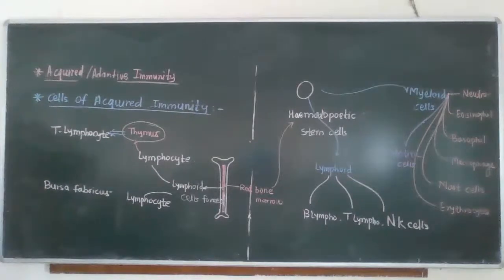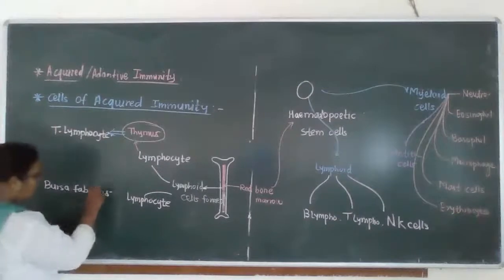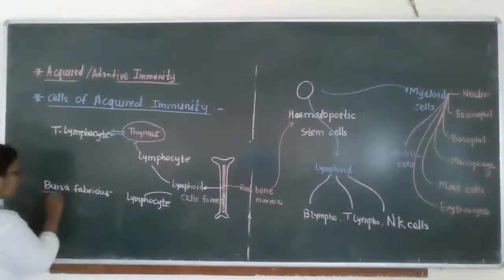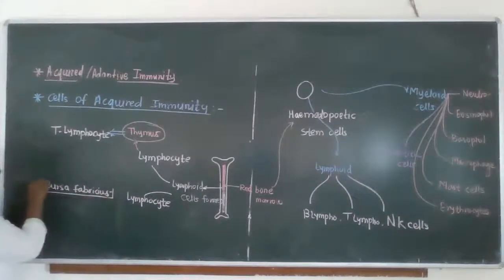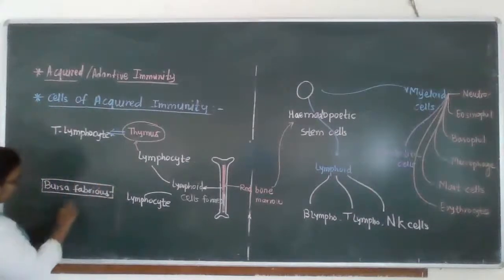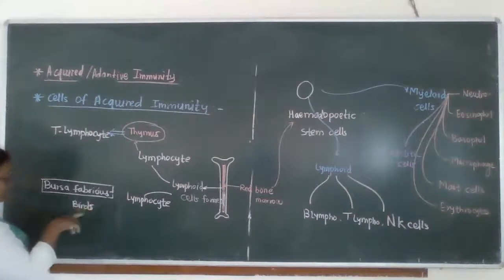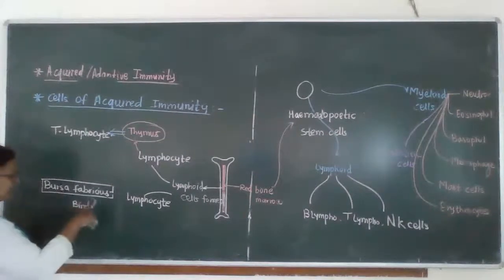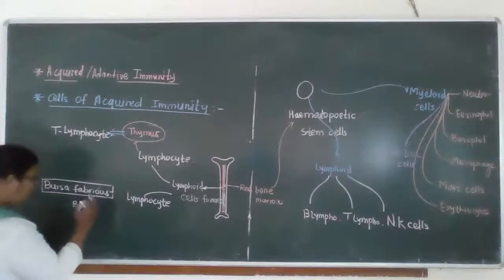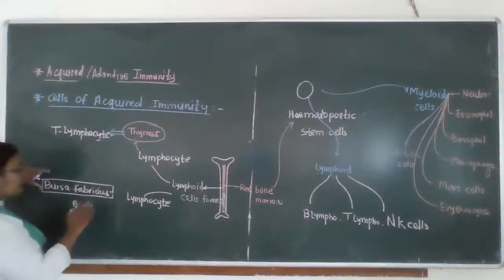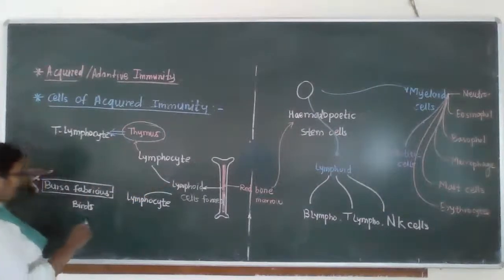This bursa of Fabricius is the organ which is present in birds. It is present in birds, but it is absent in humans. But the same function is performed in humans by the red bone marrow.